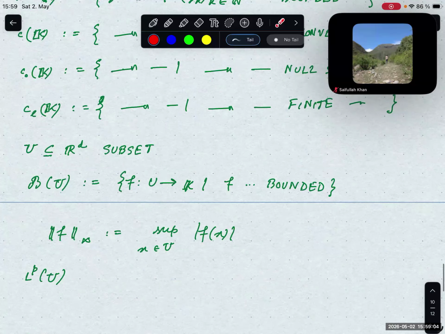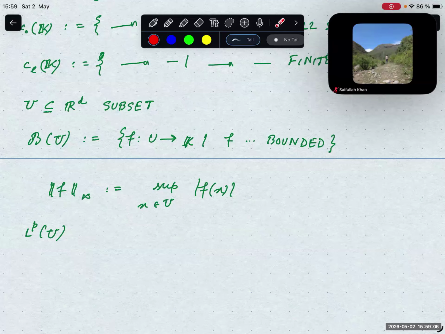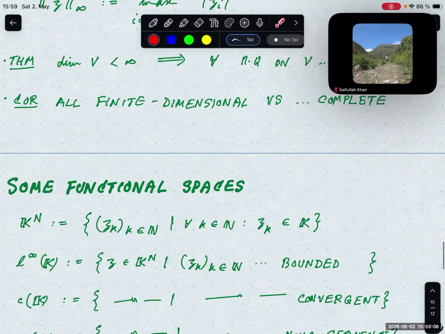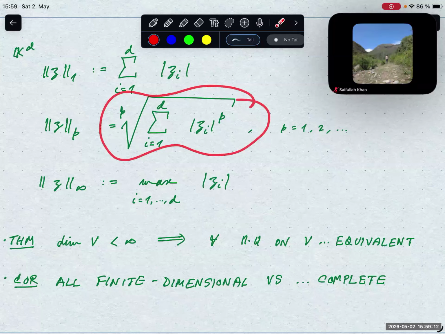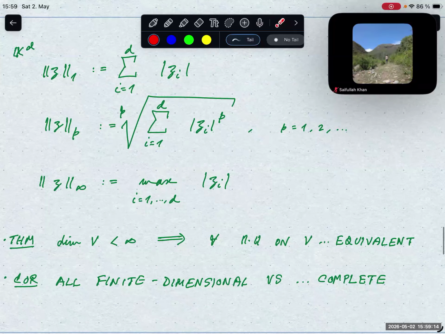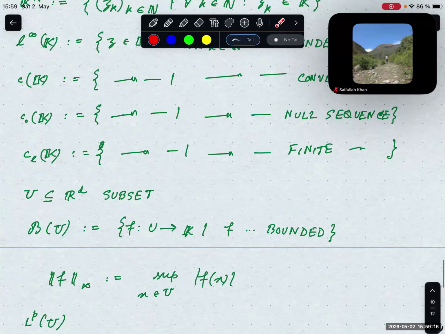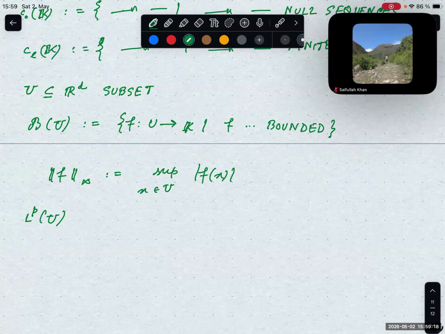Let me go to the example. We have seen actually, yeah, here. So we are going to generalize this notion and this notion. To keep the requirement minimum, I am just going to consider a subset of R^d, but as I told you, you can do it more generally. So I need some space.